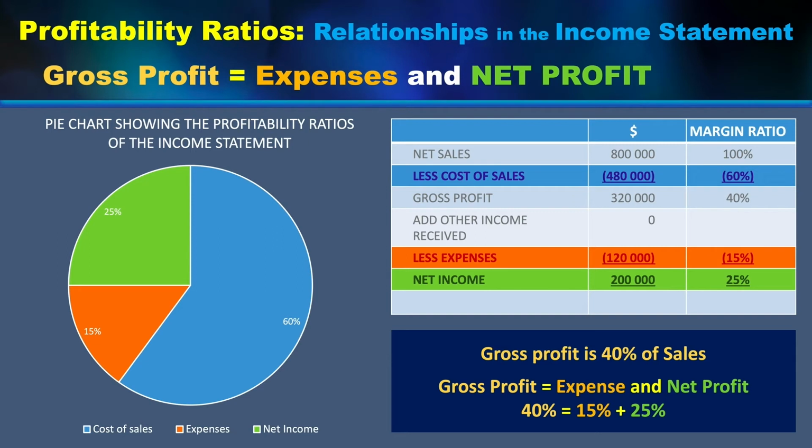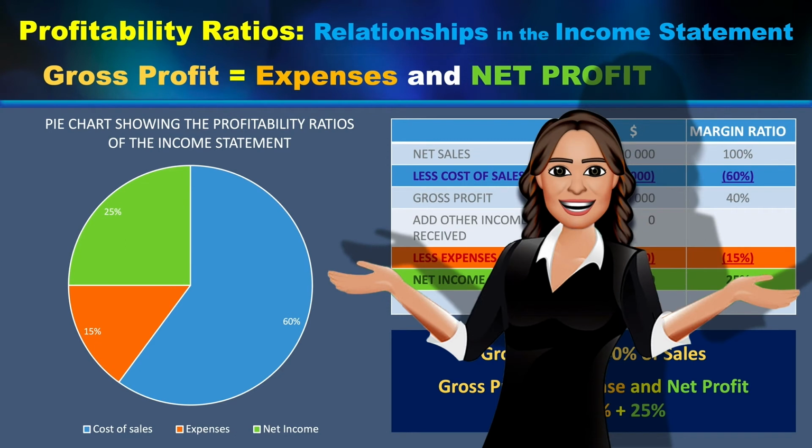You would notice that 15% plus the 25% is equal to your 40%, which is your gross profit. So looking at your diagram, you would see that your gross profit, that was yellow, you deducted 15% in orange for your expenses, and you remained with a net income of 25%. So the diagram shows you the three components of your net sales.